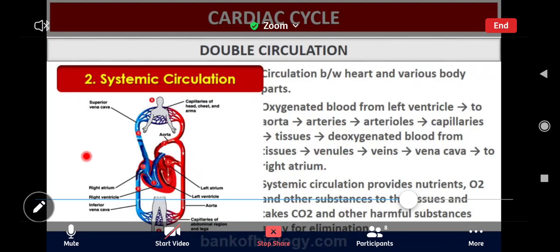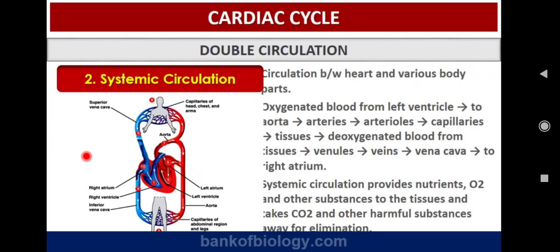So pulmonary circulation and what is that? Systemic circulation. The systemic circulation is the circulation between the heart and various body parts: oxygenated blood from the left ventricle to the aorta, to the arteries, to the arterioles and then capillaries. It reaches the capillaries and finally enters into the tissue. Then the deoxygenated blood is formed after respiration, is it not?